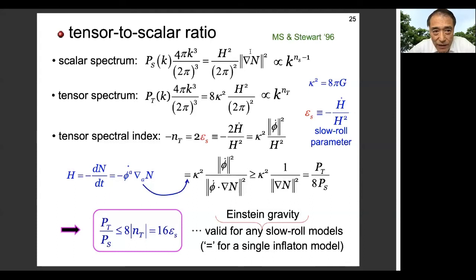But the amplitude of the scalar perturbation can become large depending on how many scalar fields contribute to it. So once you increase the number of scalar fields, the ratio between tensor to scalar will decrease. So that's the reason why you have this inequality. Okay?